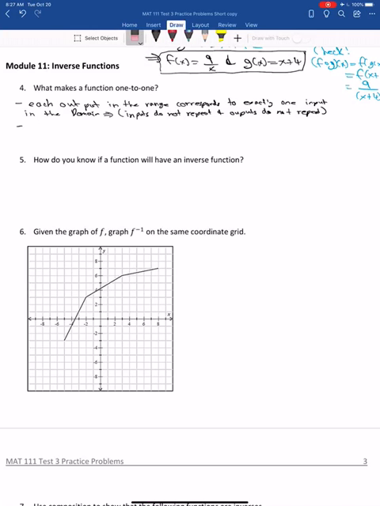Let's put it on there. All right, and remember, what I mean by passes it is that it cannot intersect at more than one point.